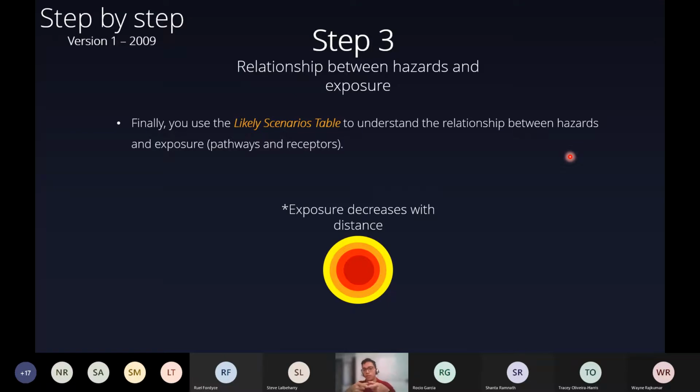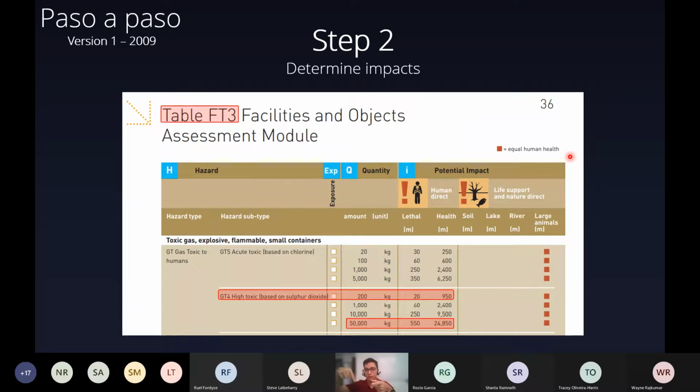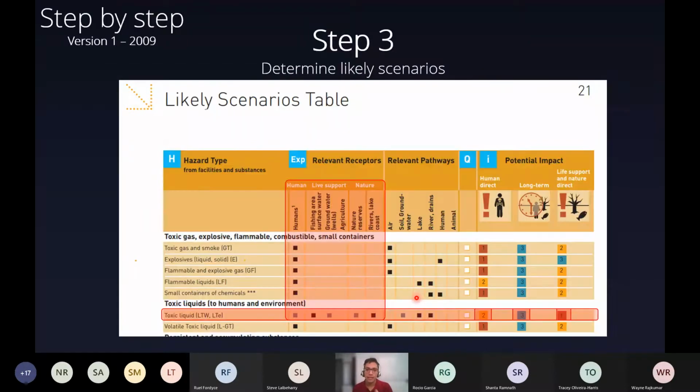So when you are checking these distances, for example, 200 meters would be a radius of 200 meters around, and then it will decrease how the hazard would affect. As you can see here, 20 meters would be lethal, but between 20 meters and 950 meters, there would be impacts on the health of people. And this likely scenarios table is on page 21.